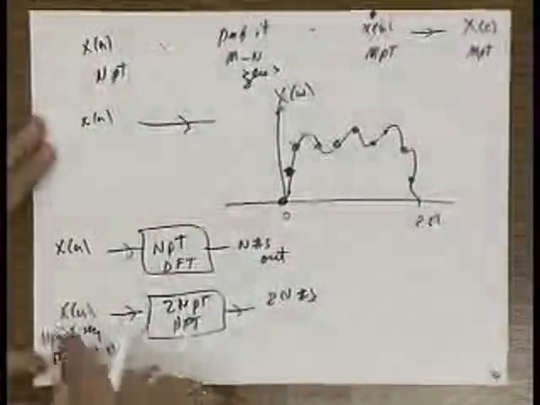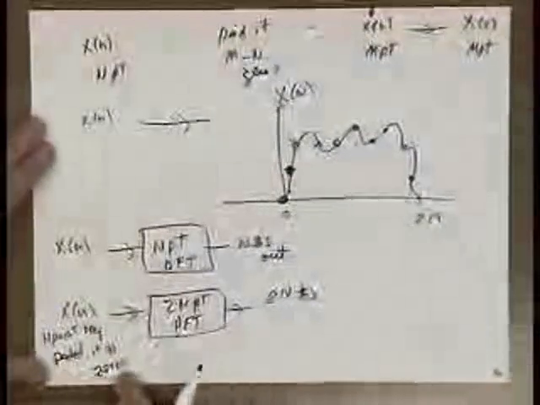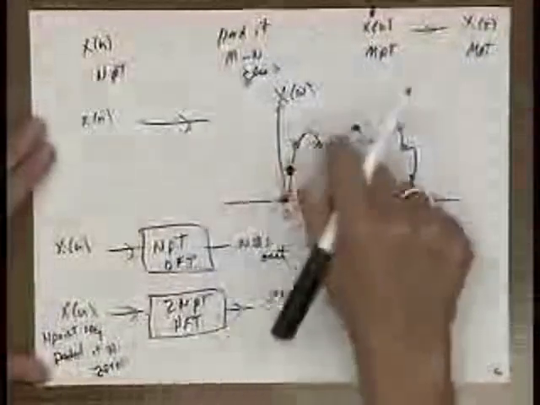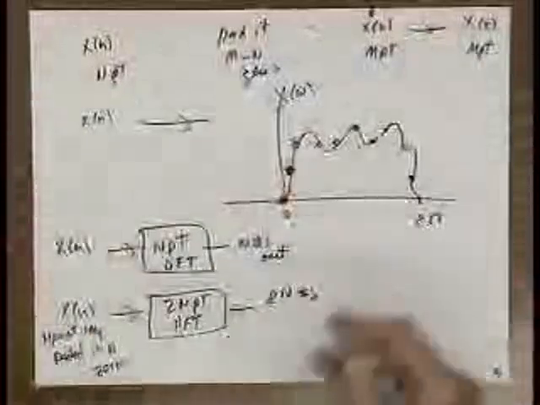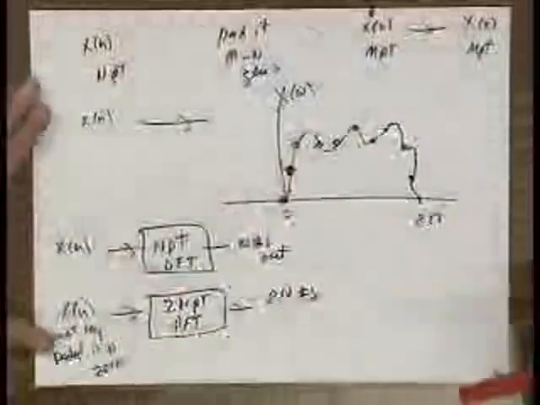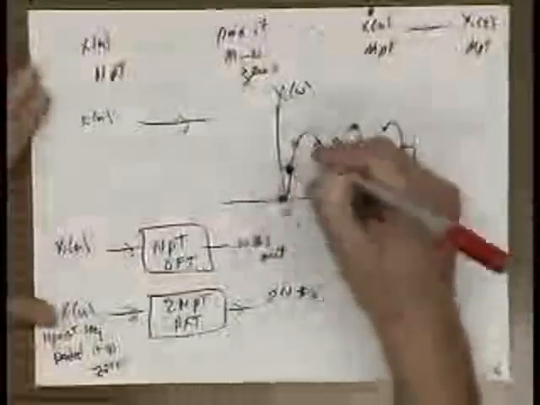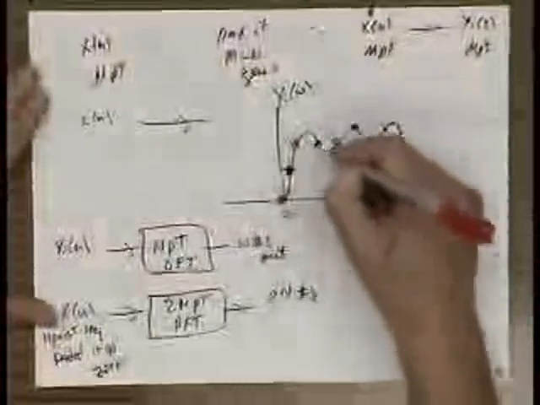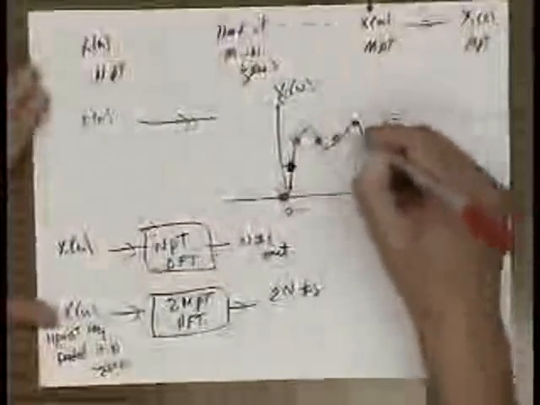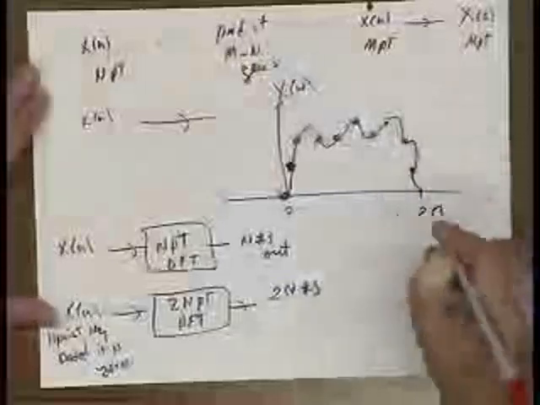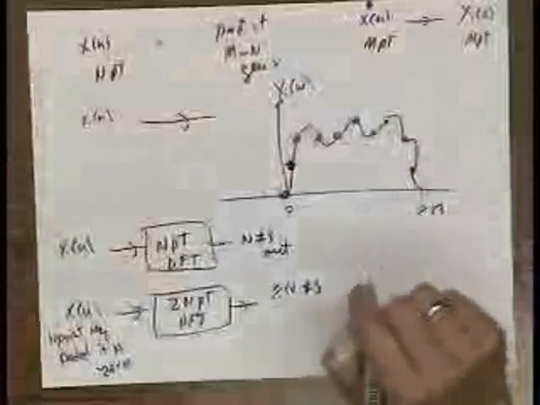That's the general terminology we're talking about. But here I'm talking about an n-point sequence. I pad it with n more zeros, I get 2n, and I take the 2n-point DFT, and I get 2n numbers. How is that related to x of omega? Well, it's samples of x of omega at 2n equally spaced points. So it'd be here, here, here, and so on.